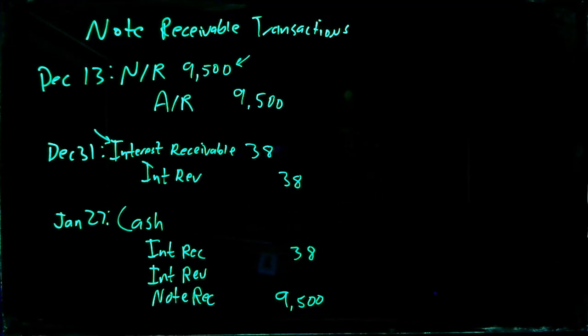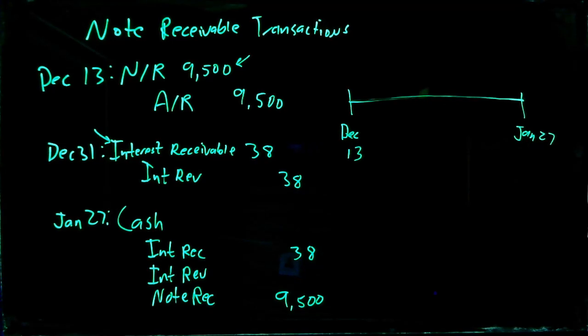So our note, we have December 13th, we have January 27th, and we have December 31st. So December 13th to the 31st we know was 18 days, and it was $38 of interest revenue.